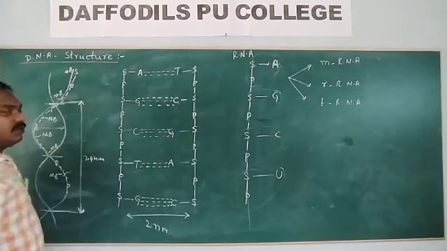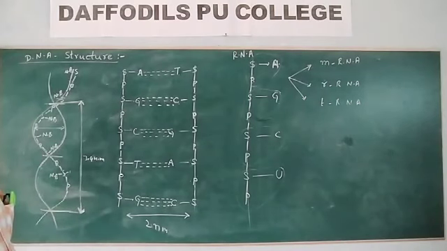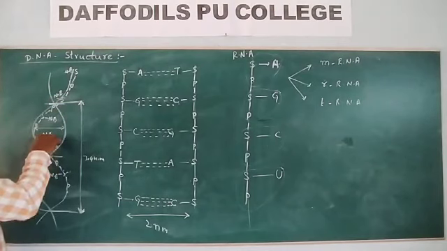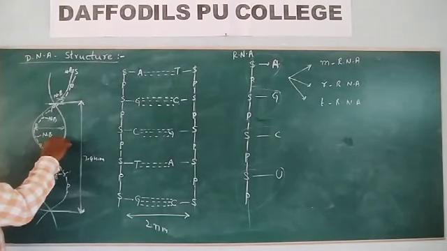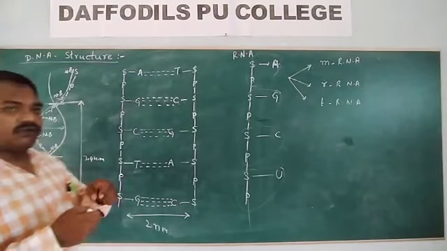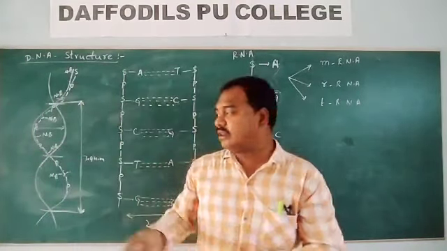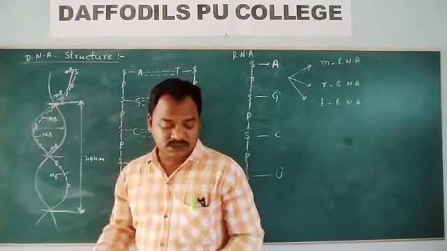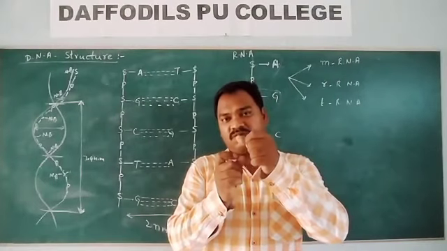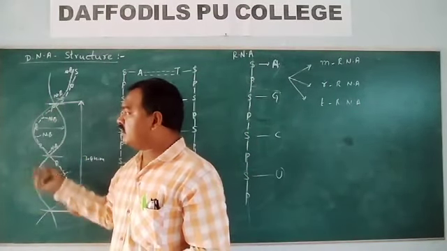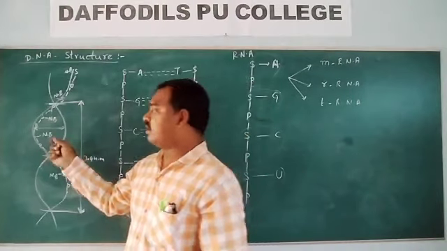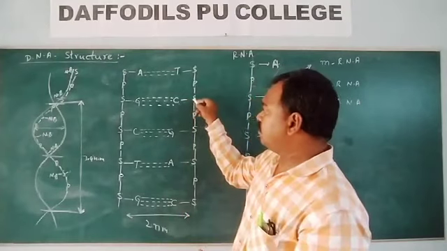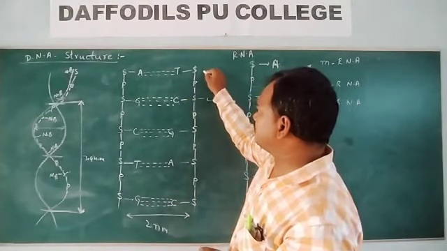Now what happens during the formation of a protein chain? First, this DNA helical structure is going to unfold, uncoil, and the nitrogen bases are exposed outside. Suppose now the nitrogen bases come outside like this.